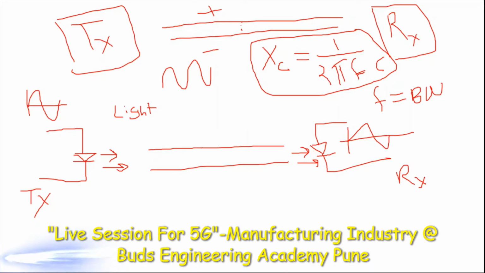This electrical signal we will convert into light, and then transmit via light, and at the receiver that light will be converted back into a signal. So theoretically, the bandwidth of a fiber cable can be infinity.